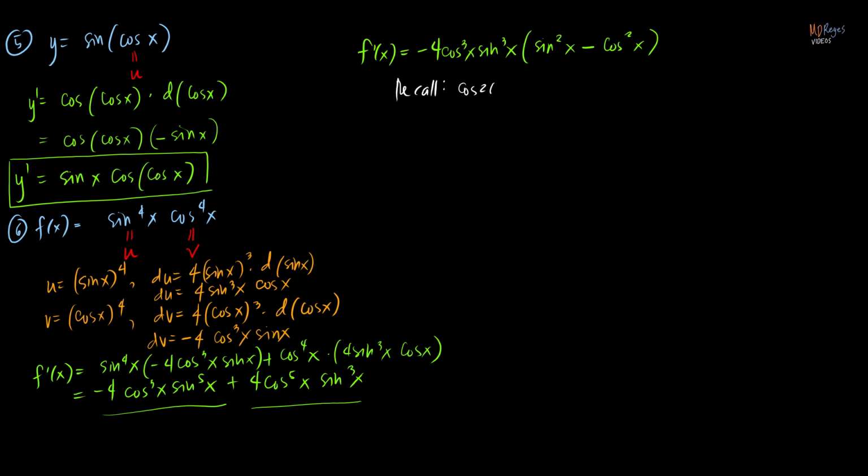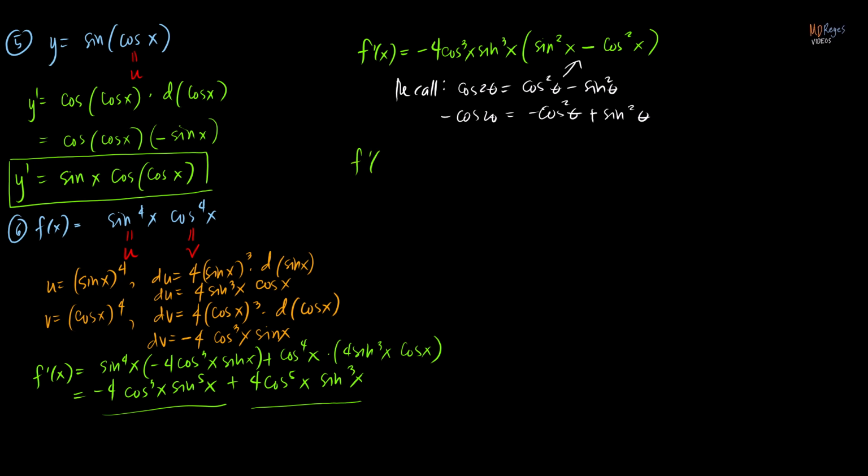Cosine 2 theta is equal to cosine squared theta minus sine squared theta. Now, that part is negative cosine 2 theta because it's equal to negative cosine squared theta minus sine squared theta. So that's negative cosine 2 theta, the expression inside the grouping symbol.